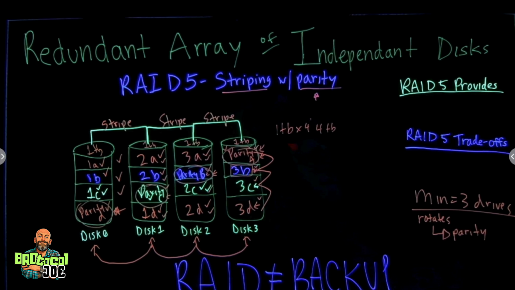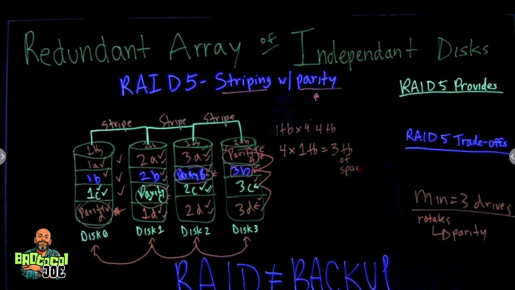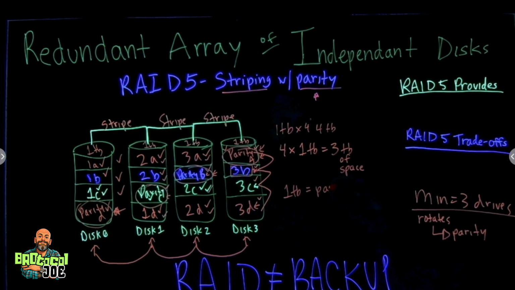So instead of having 4 usable drives, we have 4 times 1 terabyte, but the thing is, we only have 3 terabytes of space, because 1 terabyte is the parity of the data blocks. So 1 drive worth of space is used for parity.